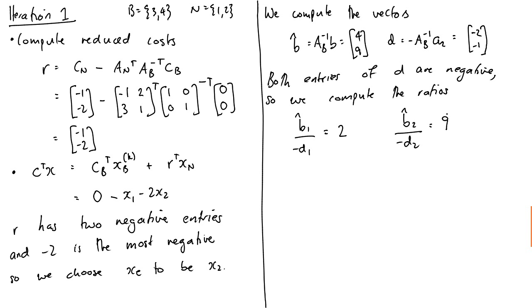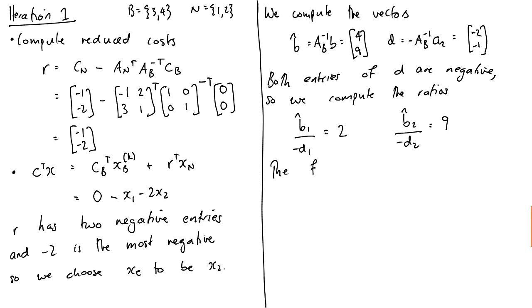Okay, so remember these two numbers are possible values we could choose that would make the basic variables go to 0. So if we chose x2 equals 2, by that stage that would have made our first basic variable, which is x3, go to 0. And if we continued increasing x2 all the way up to 9, that would make our second basic variable, x4, go to 0. Now we always choose the smallest of these, because if we go any further, we're going to violate the non-negativity constraints.